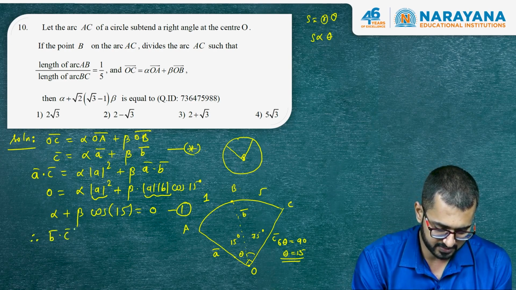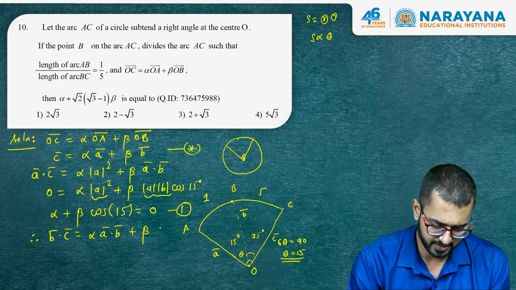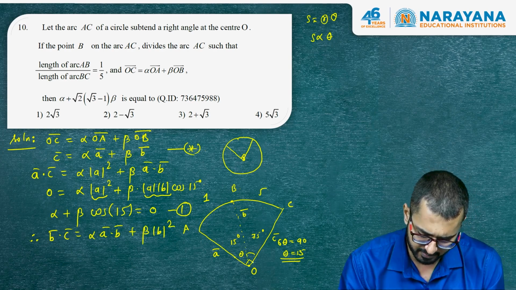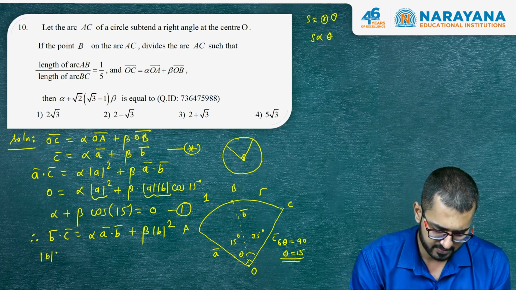So B bar dot C bar will become alpha A bar dot B bar plus beta mod B square. Like usual, for B bar dot C bar, the angle between them is 75.